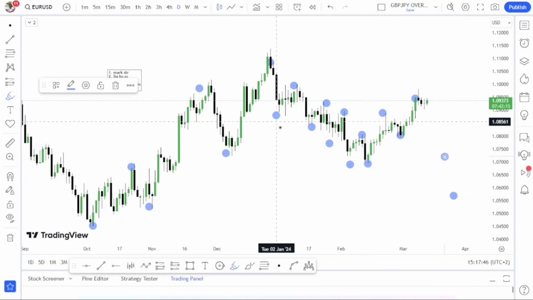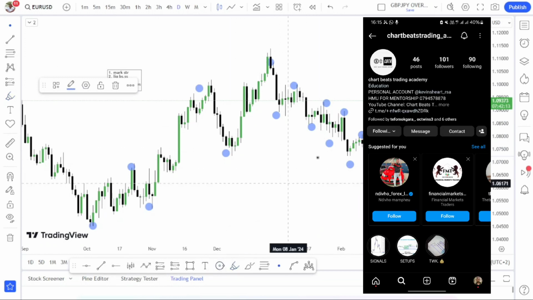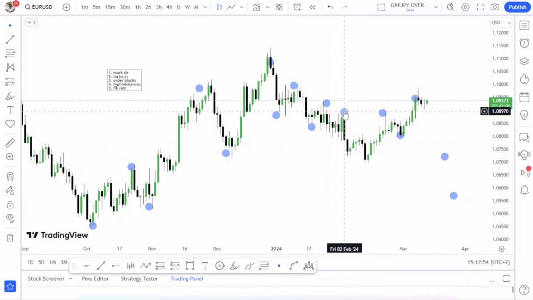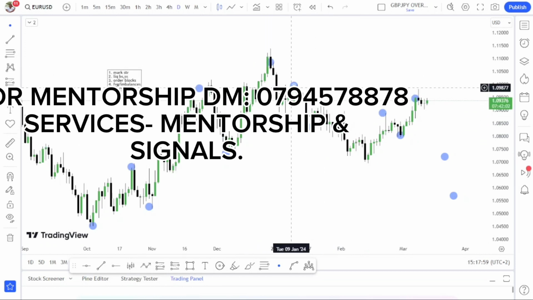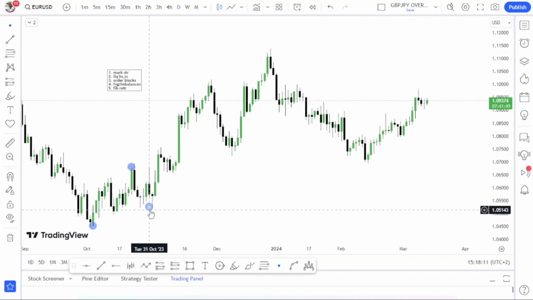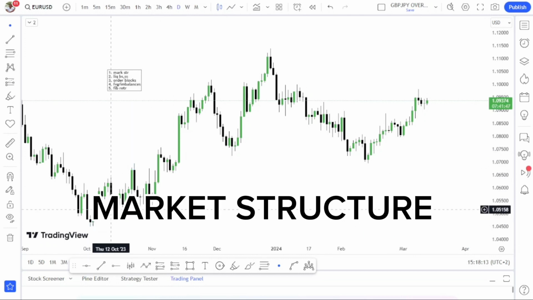Okay, let me just delete all of this and just remove all of these drawings and hopefully have a clearer chart. Okay, so we've been able to identify market structure.